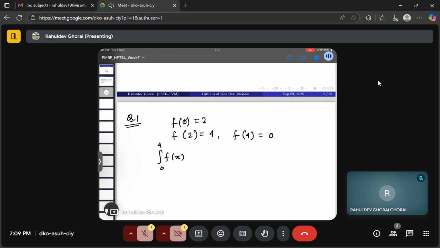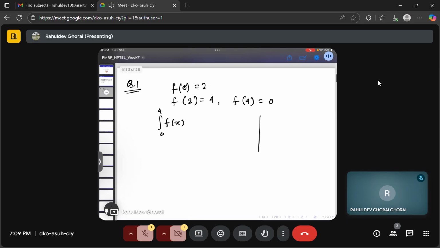So what we do in the trapezoidal rule, the function here looks like this, right? It starts with 2 and it goes and it is 0 at 4. Some type of curve. It can be like this or it may not be like this also. It can be also only some lines, right? Between 0 and 4 we only know the values at 0, 2 and 4, so whatever it is, if we use the trapezoidal rule, we will try to find the value.